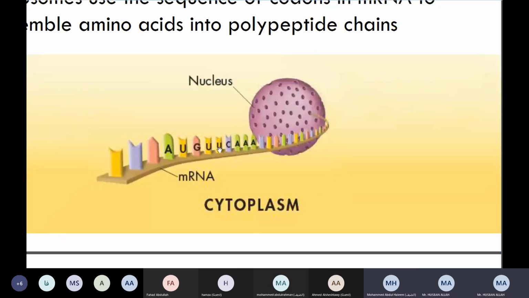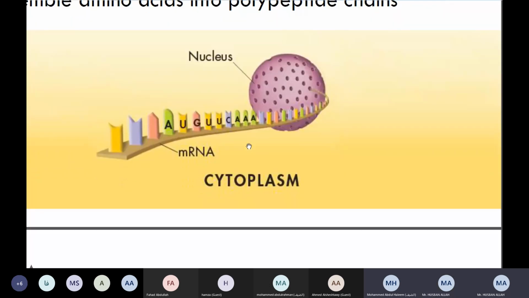The second one, UUC, is the second amino acid. And the third one? Lysine, not leucine. Leucine is not it, isoleucine is different, but here we have lysine. So it's clear for all, right?